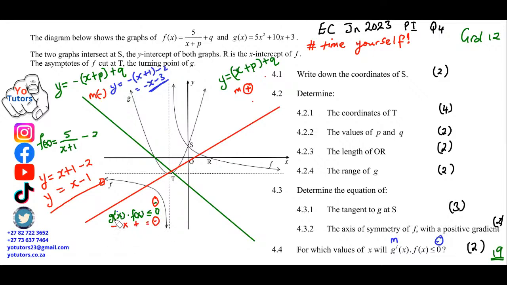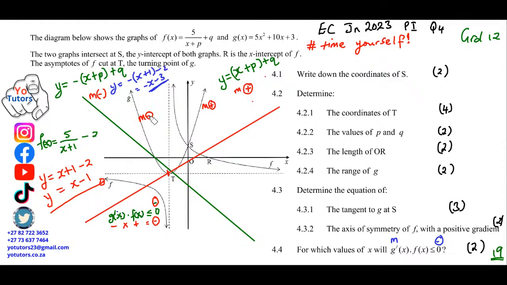So we look for where your graph g is negative. Remember, here is decreasing and there is increasing. So here, m is negative up until this part, which is decreasing. Then m here is positive from the turning point up until infinity.